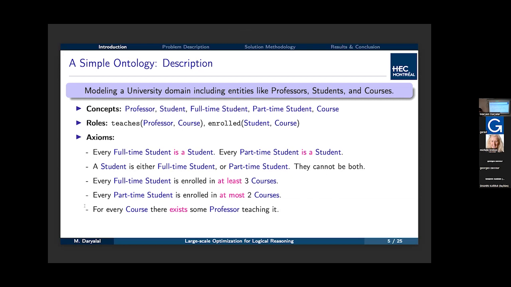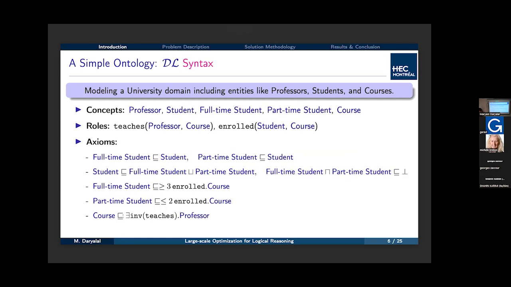For example, I want to represent this existential relationship: for every course, there exists some professor teaching it. I can represent it with this subsumption relationship and say that there exists a professor, and this is an inverse operator, so the inverse of teaching would be something like taught by a professor.